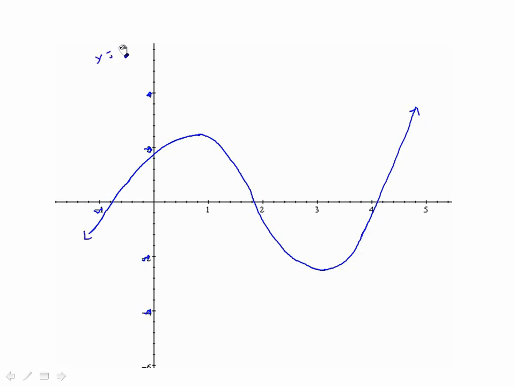So y equal f at x. So it's a poor sketch, really, in terms of not knowing where the x-intercepts are. But these points there, we do have. So we do know where it's turning.